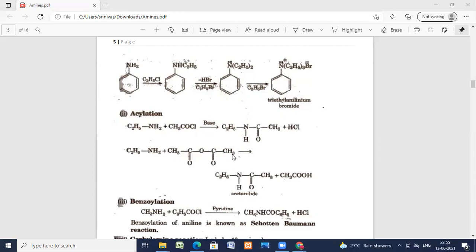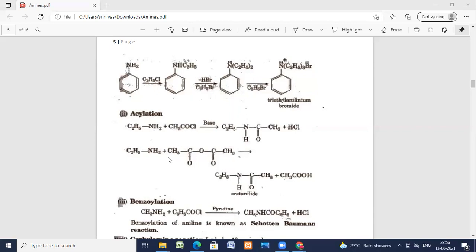Ethylamine on reaction with acetic anhydride. For acylation, there are two reagents that can be used. One is acetyl chloride, the other is acetic anhydride. For the first reaction we have taken acetyl chloride, and for the second reaction the acylation reagent is acetic anhydride.